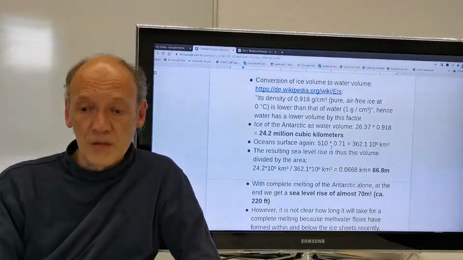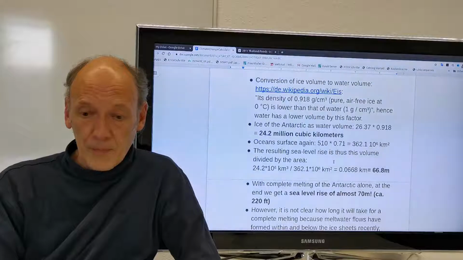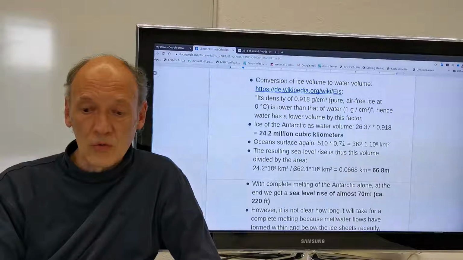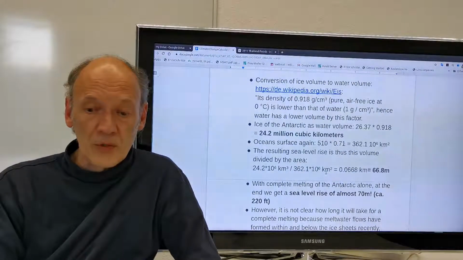Again, we divide it by the area of the oceans and we get the resulting sea level rise. So here is the volume of water from Antarctica, and this is the area of all the oceans. Here I have the unit of kilometers, so we get the result also in kilometers.